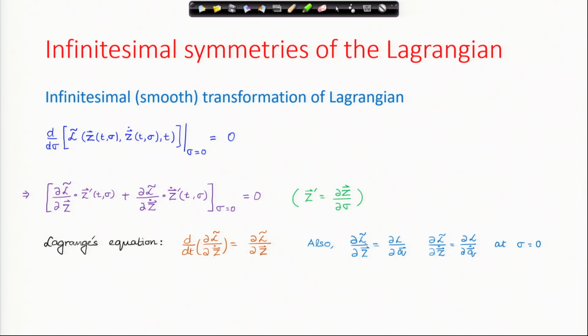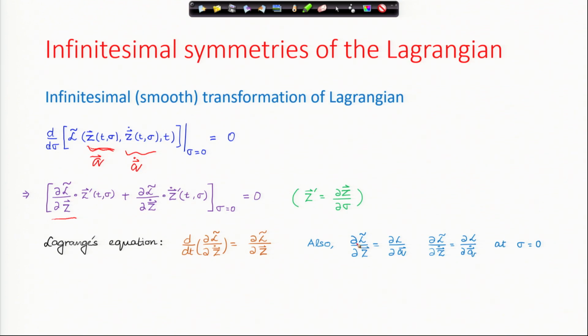Now, ∂L̃/∂z, the first term here, can also be written as ∂L, the original Lagrangian, ∂q. This you can check very easily because the first argument was q, the second argument was q̇, and that we have replaced by z.